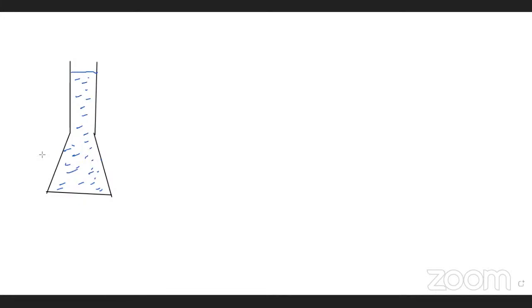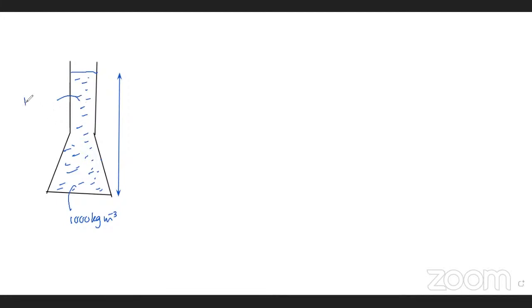That's the liquid. The density of this liquid, let's say, is 1,000 kilograms per cubic meter. So this height is the volume of liquid inside this vessel.